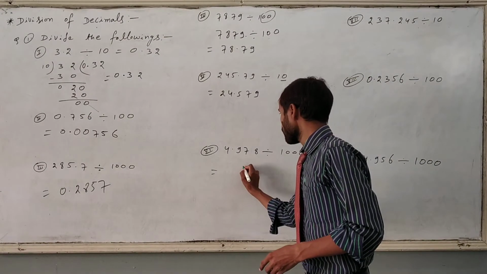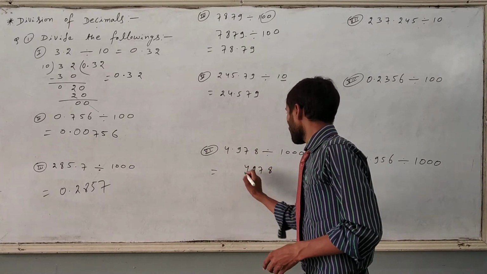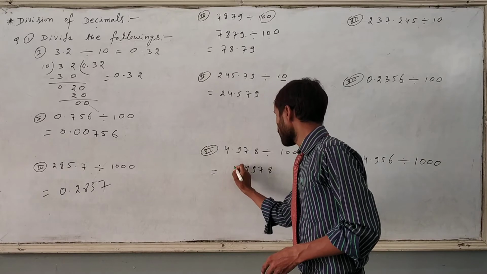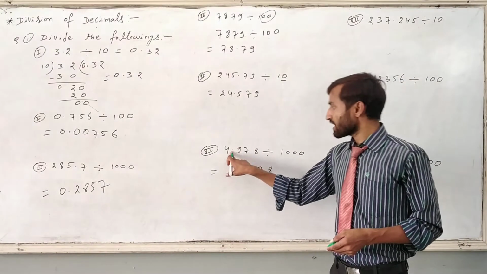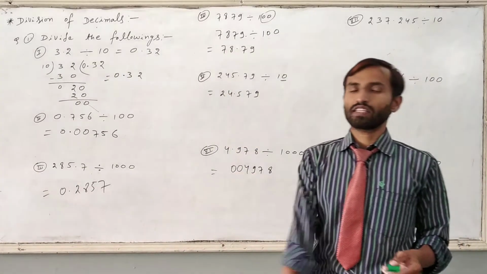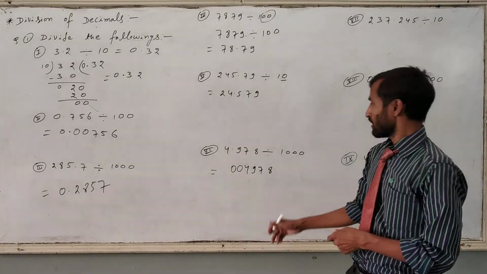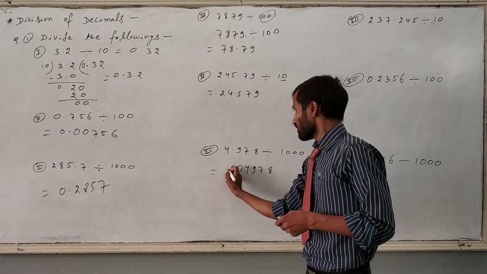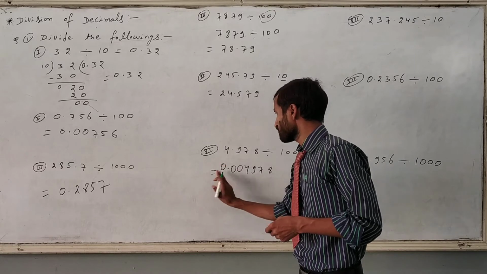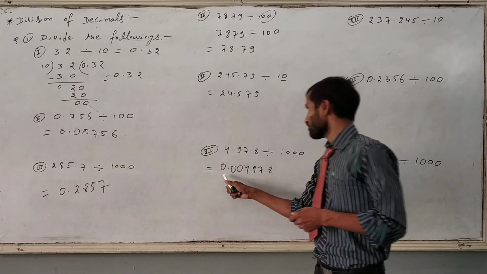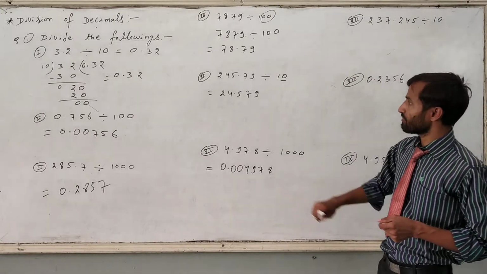So write down all the number without the decimal, 4978, and 2 more zeros are required, because we need 3 digits. I have to shift the decimal left 3 places. So put the point here, and before that you have to put a 0. So this is the final answer, 0.004978.